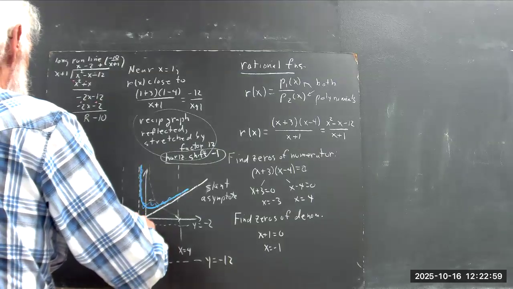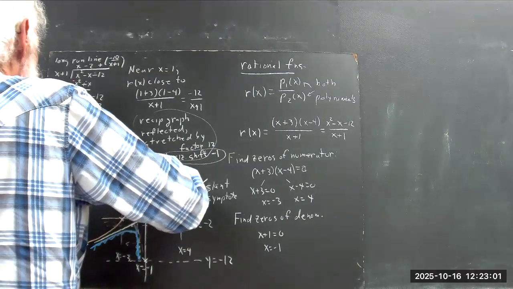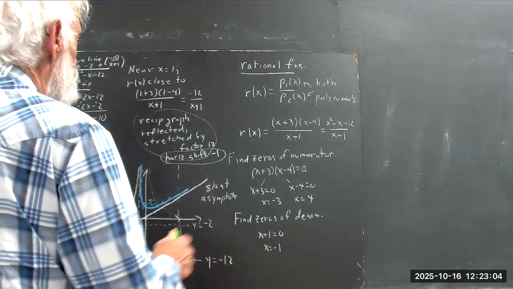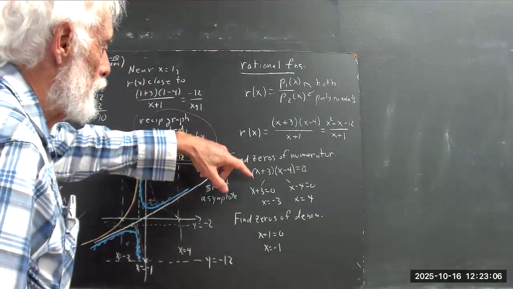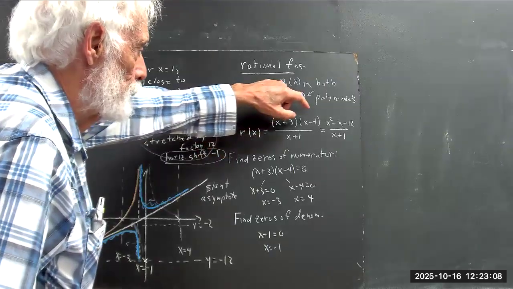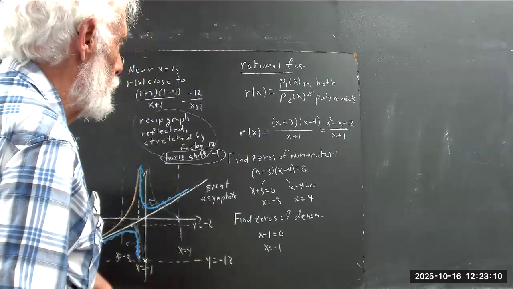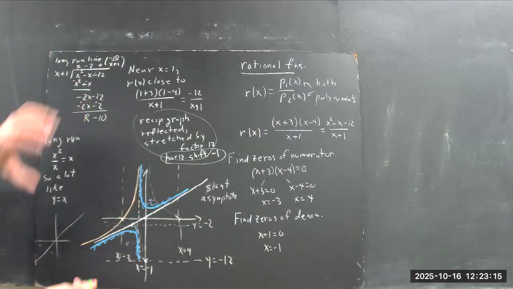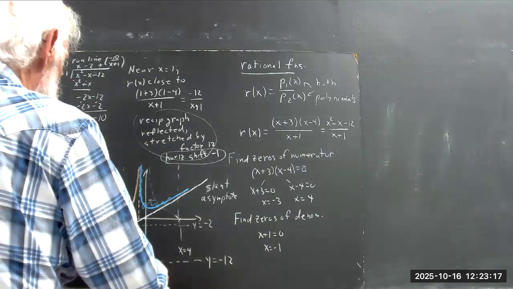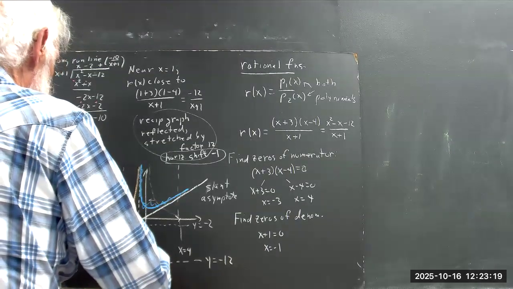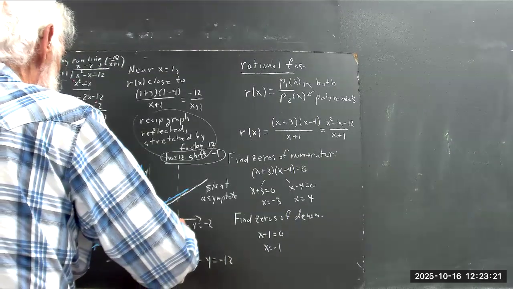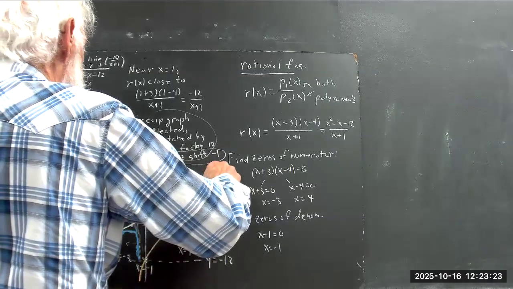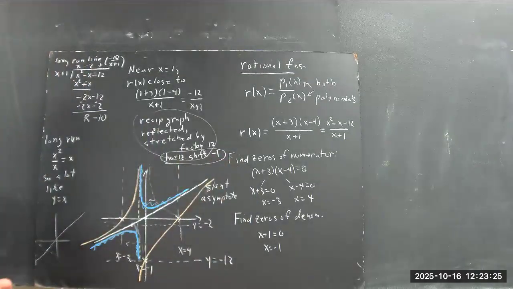And because of -1 plus 3 times -1 minus 4 being negative, it flips the reciprocal graph around so it can do this, and then it can come up through here and up through here and approach this asymptote. Okay.